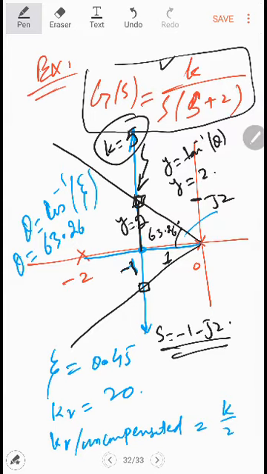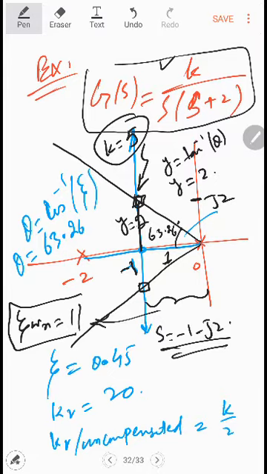Now we have sufficient information. We have the gain information. So the gain of the system is given, and you see we can also find the natural frequency from this point, because this is zeta omega n, same as the previous one. So this is zeta omega n, which is equal to 1.